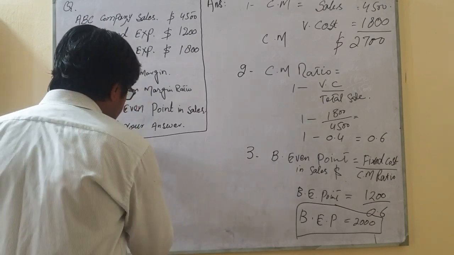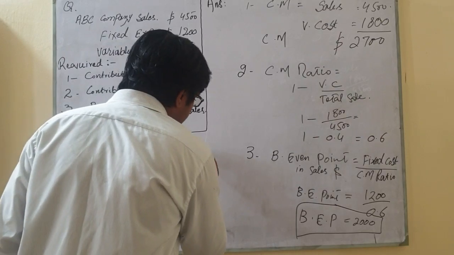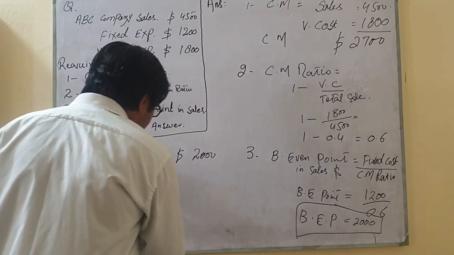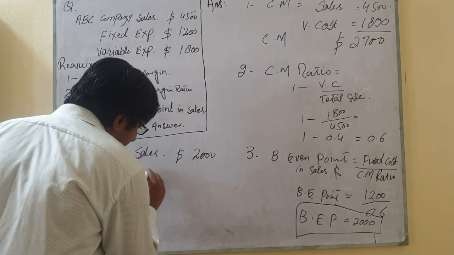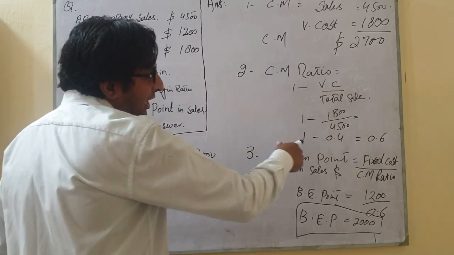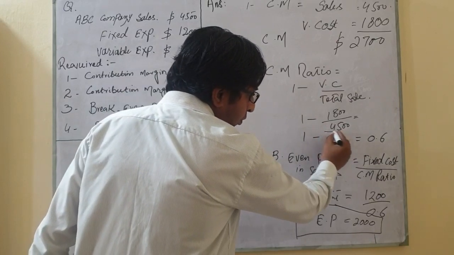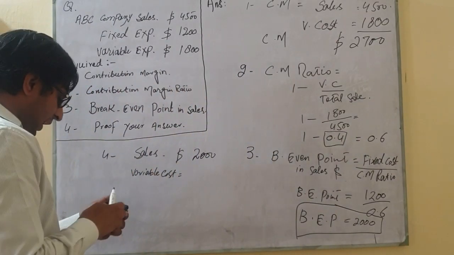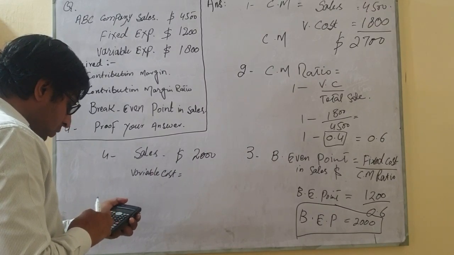In this case, our sales should be $2,000, while we will deduct variable cost. We have already calculated that variable cost is 0.4 of sale. So here we will take 0.4 of sale, that is 2,000.